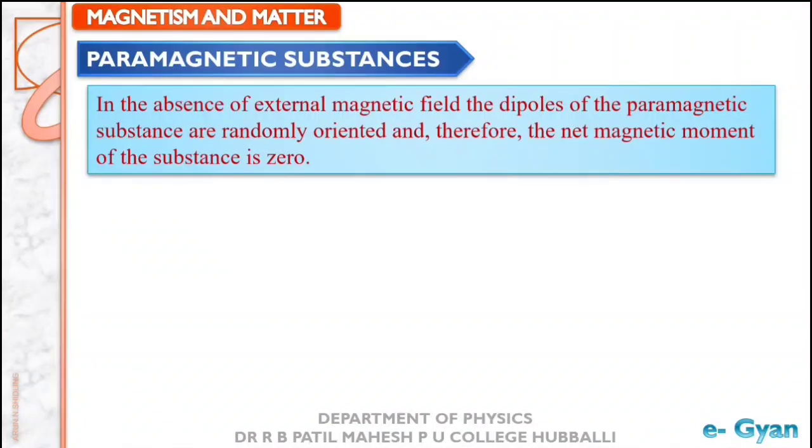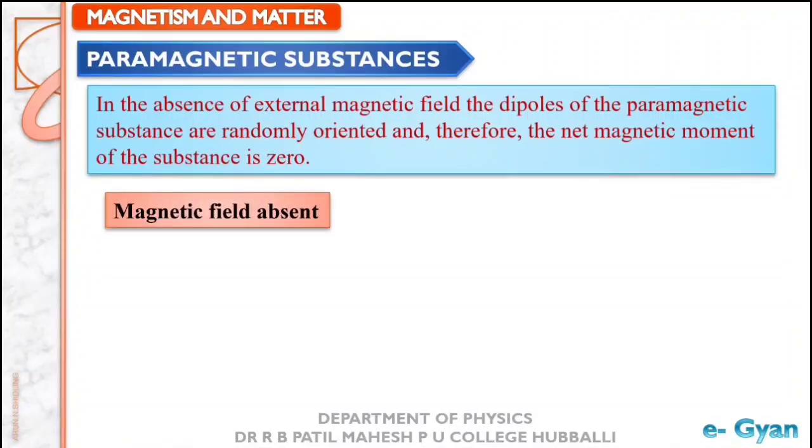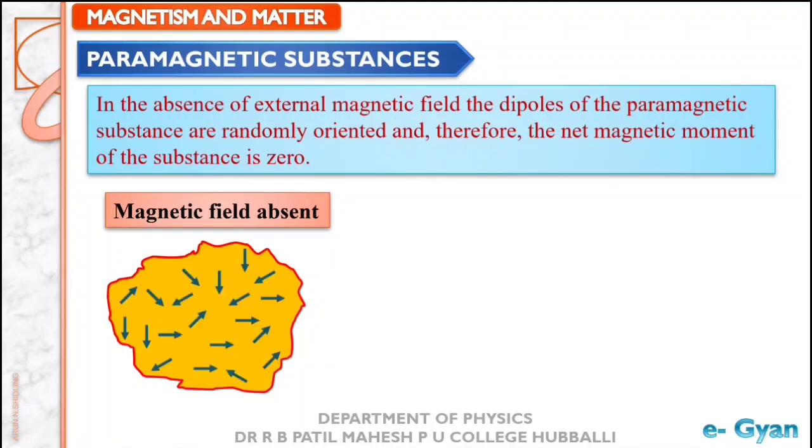That means they do not have any magnetic field around them. So in the absence of a field, they are randomly oriented, there is no influence of an external magnetic field on them, and they do not possess any net magnetic moment.